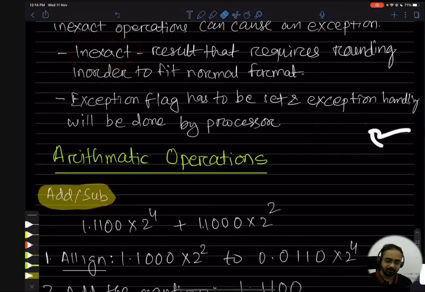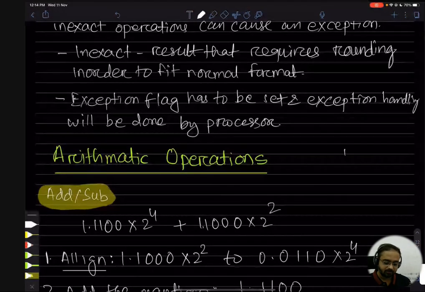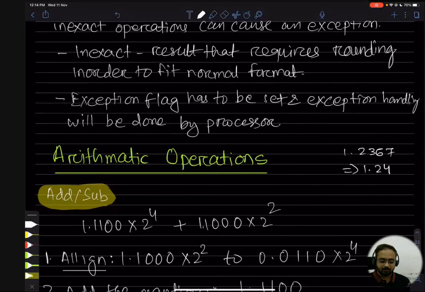It is a normal rounding operation, like you do in any rounding operation. Suppose 1.2367, you have to round it to 1.24. Because it is more than 5, we can round the 3 up to 4.